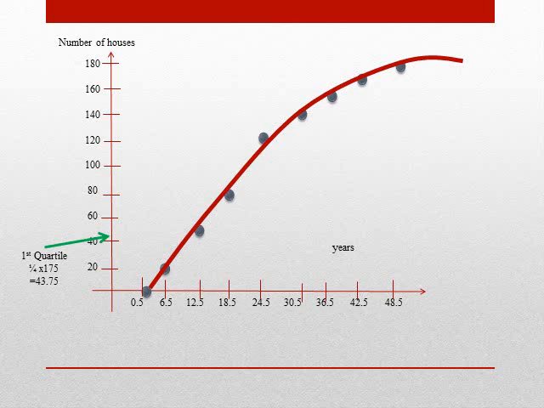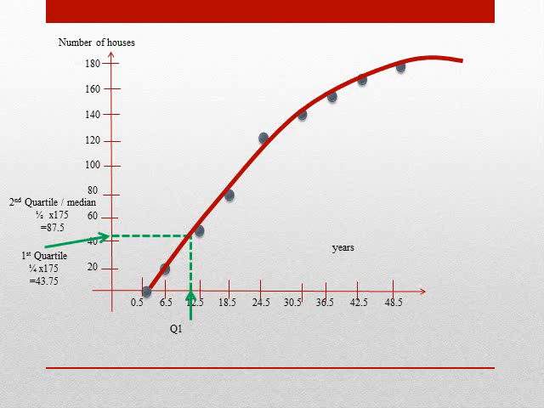So this is the location of the first quartile, Q1. Just drag it to the ogive line, then drag down to the x-axis. So here is your Q1.